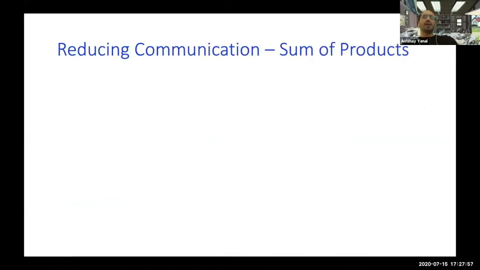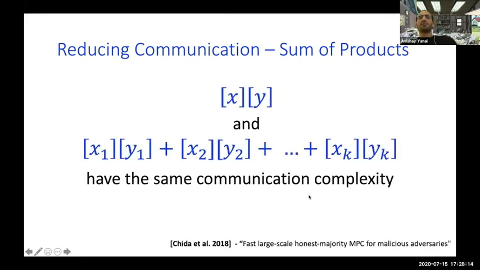The idea we use here to improve the communication complexity between the servers was observed in an MPC protocol by Ittai et al. in 2018. The idea is that the communication cost of a sum of products operation, which is actually a dot product between two vectors, is exactly the same as a single multiplication of shares.